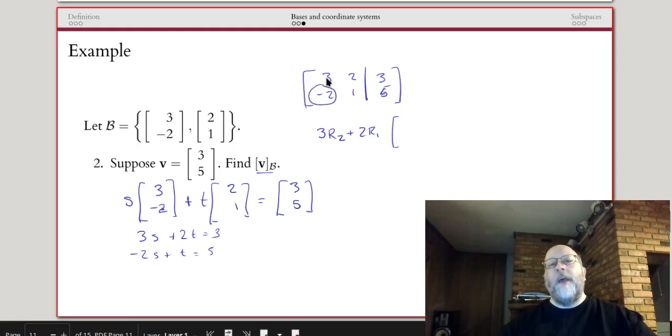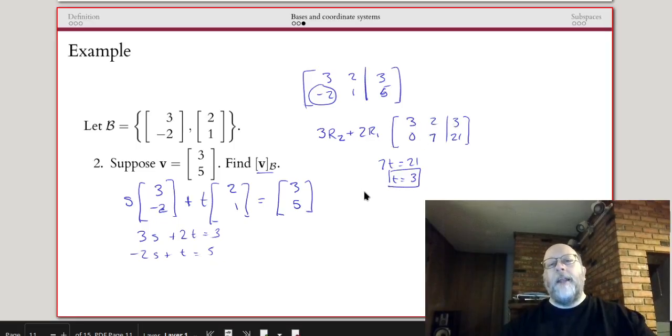So 6 and negative 6 and positive 6 gives me 0. 3 times 1 is 3. 2 times 2 is 4. 3 plus 4 is 7. 3 times 5 is 15. 2 times 3 is 6. 15 plus 6 is 21. So now the bottom equation tells me that 7 times t is 21, and so t is equal to 3.